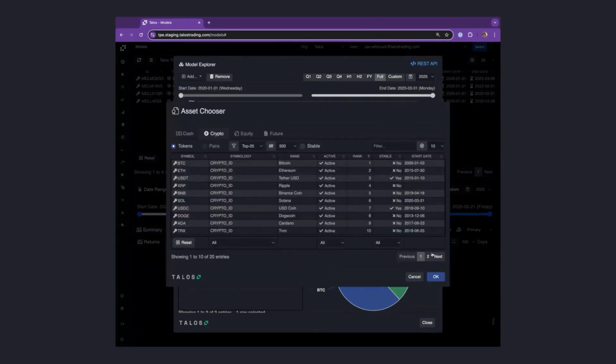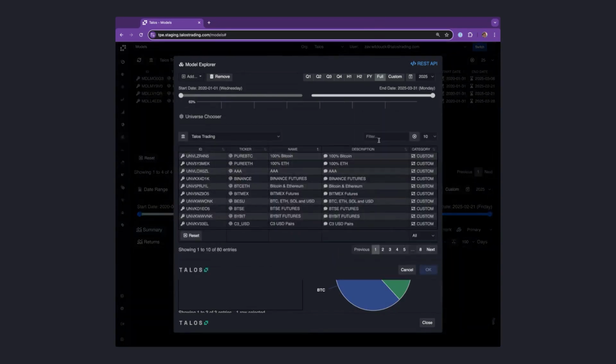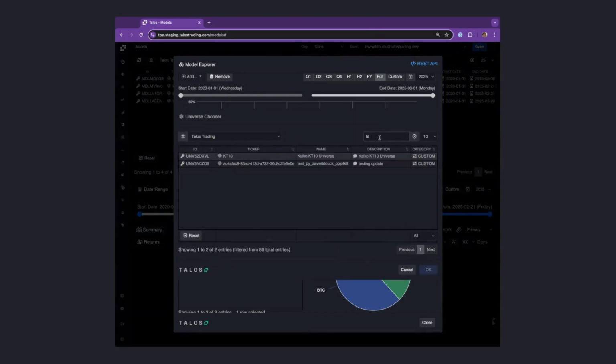Now let's take a look at the KT10 index constituents. We're not looking at the index itself, but at the constituents that make up the index, to understand their risk and return.